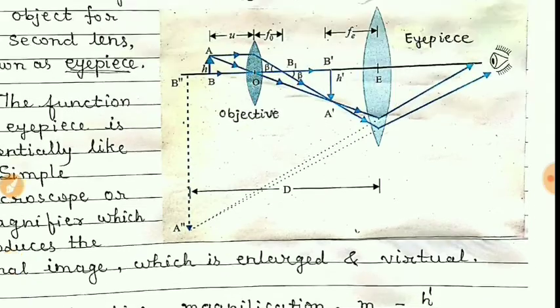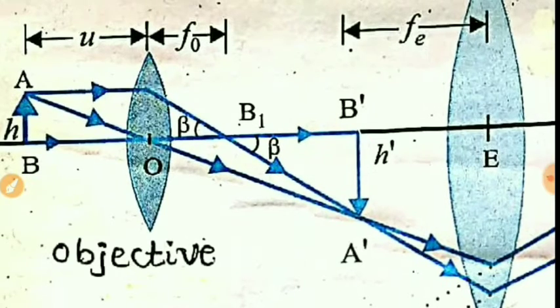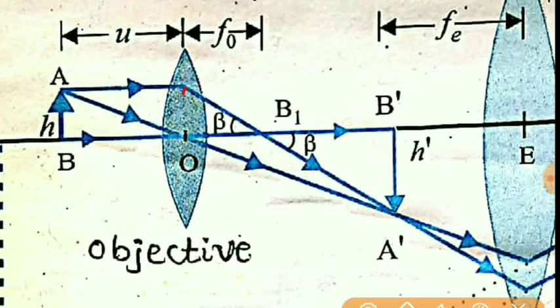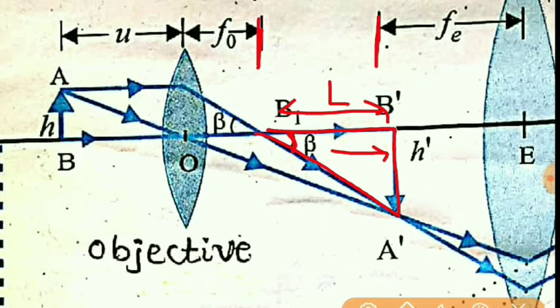Why is it h dash upon L? So once again look here. From this much part we obtained tan beta is equal to h upon FO. But for this triangle, again this angle is beta, so tan beta will be h dash upon this distance, and this distance is nothing but L, which is called the tube length, and this L is nothing but the distance between the two focal points.